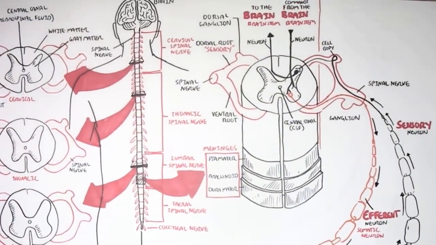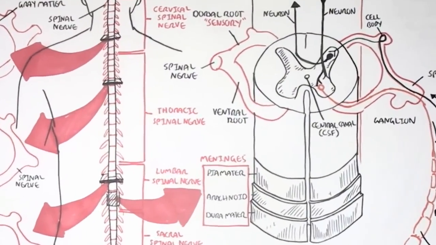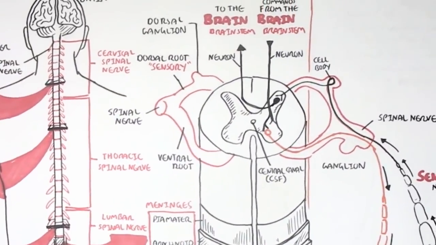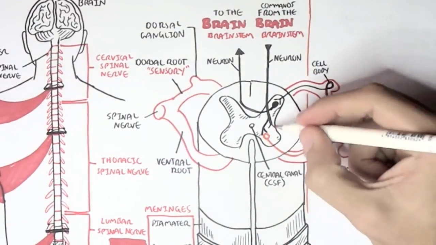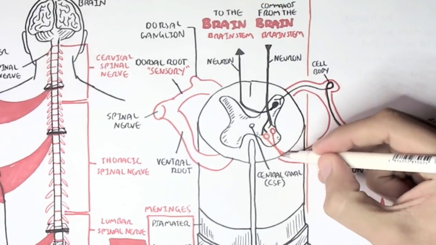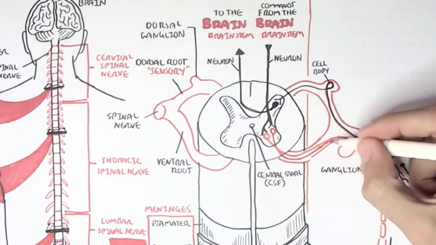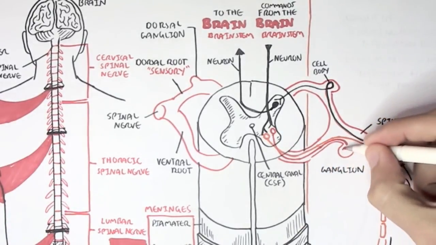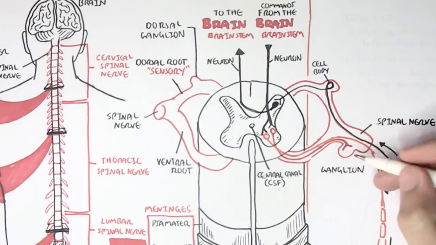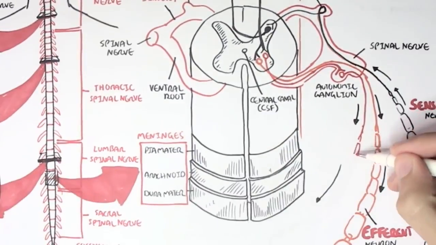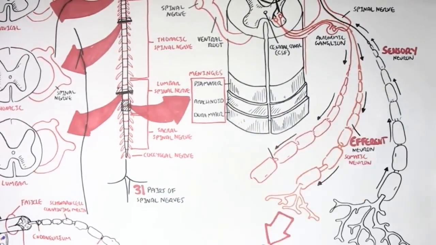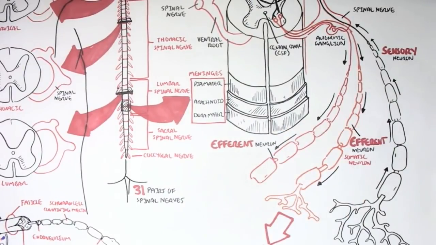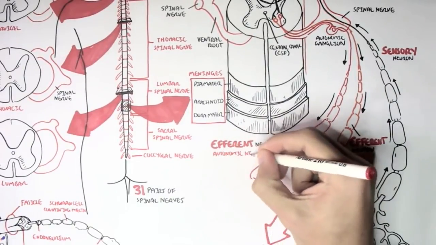However, there is another type of efferent neuron that can bring information out of the central nervous system. This neuron, in red, will actually stop over in this ganglion and synapse with another efferent neuron. This efferent neuron, or motor neuron, is known as an autonomic neuron because it is part of the autonomic nervous system.